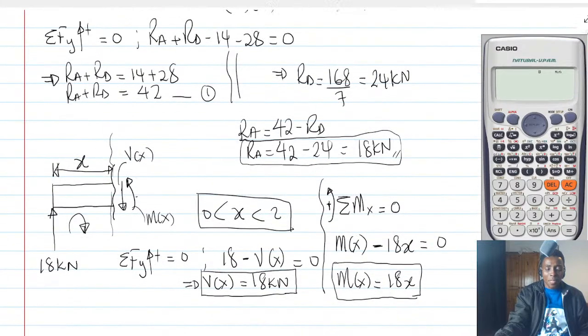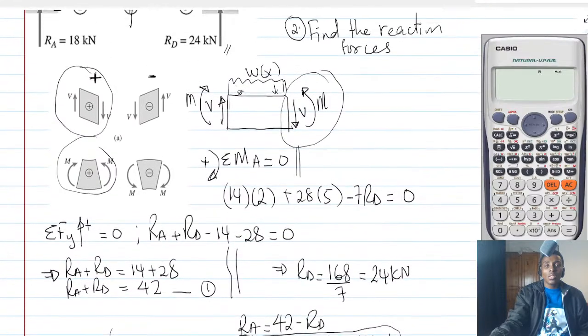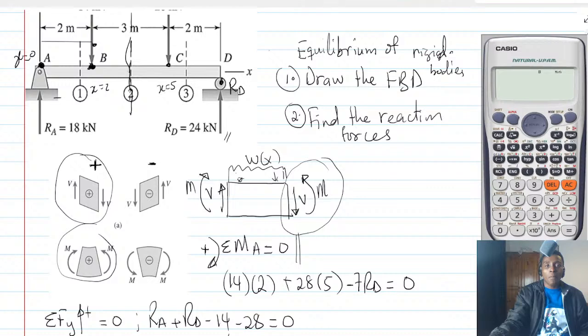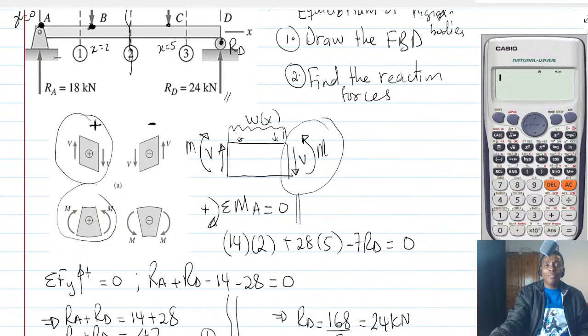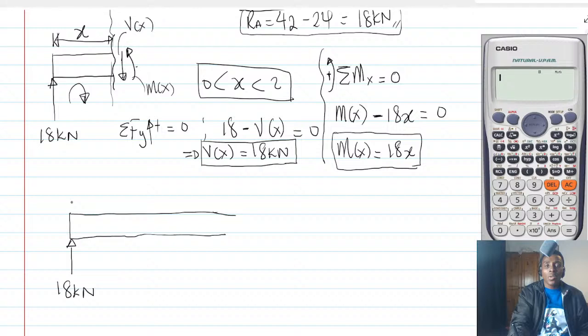And then, so 18 and then 2 meters we have 14. Okay, so the distance from here to here is 2 meters and then we have 14 kilonewton.